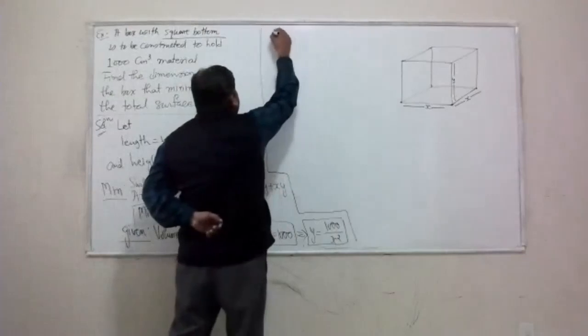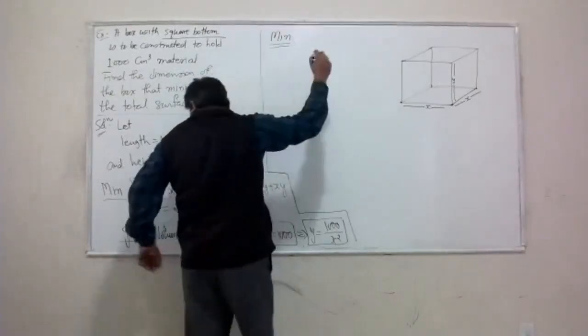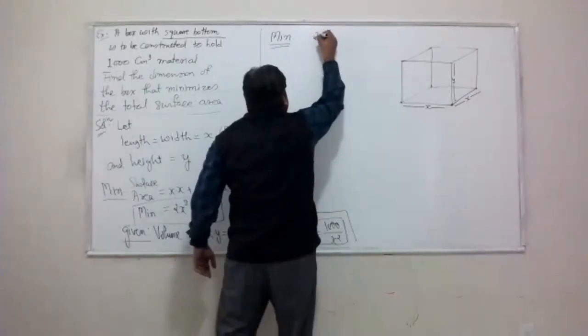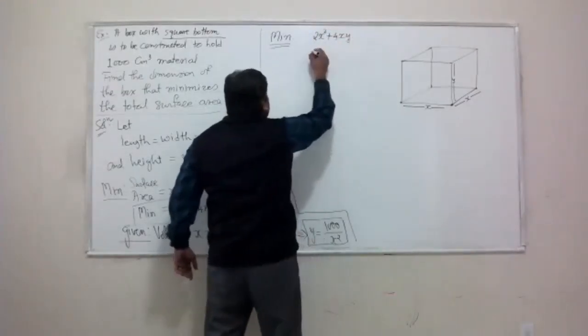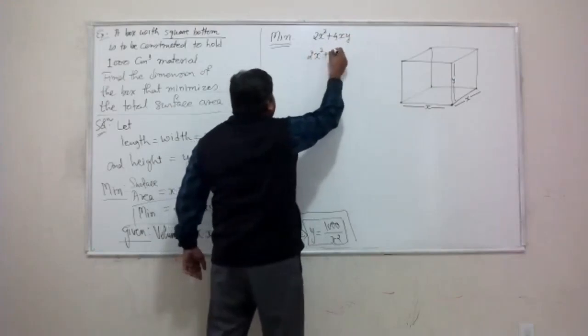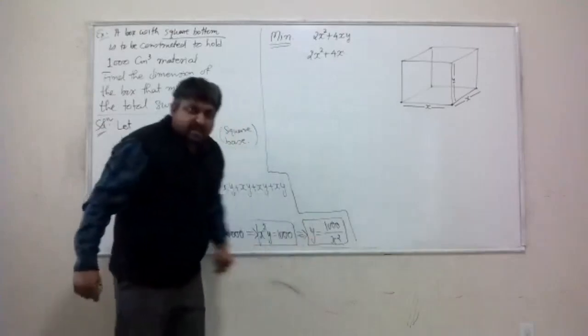So I would like to find out the minimum of 2x squared plus 4xy. As I said, I'm going to replace that y by 1000 divided by x squared.